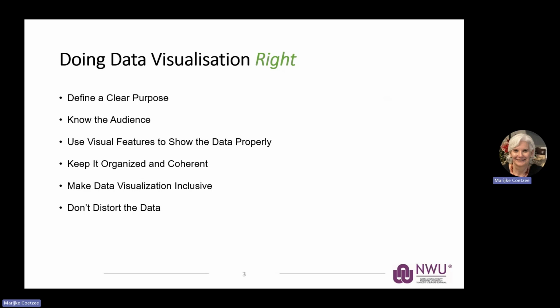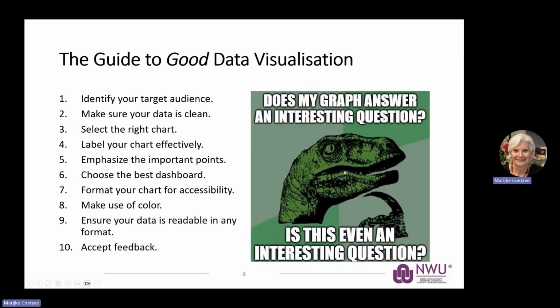Don't bias it into a certain viewpoint and let people understand things that they're not supposed to understand. Don't distort the data. Make sure that it's objective and that you present the data as it is. So what is a guide to good data visualization?